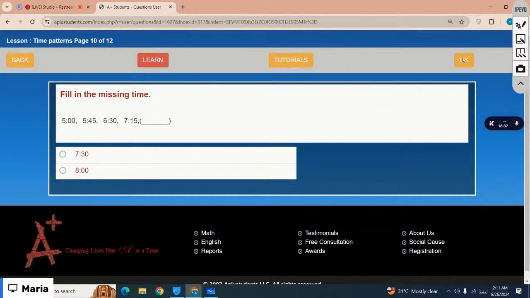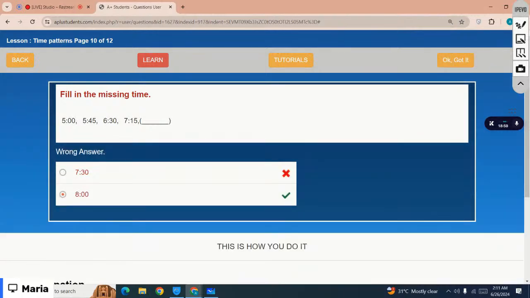Which time is missing? Yes, that's option number 1. Sorry, 8 is the missing time.